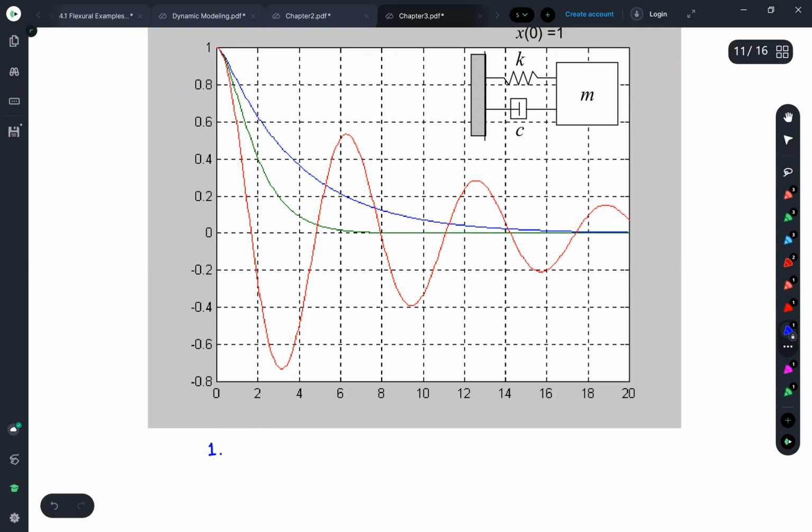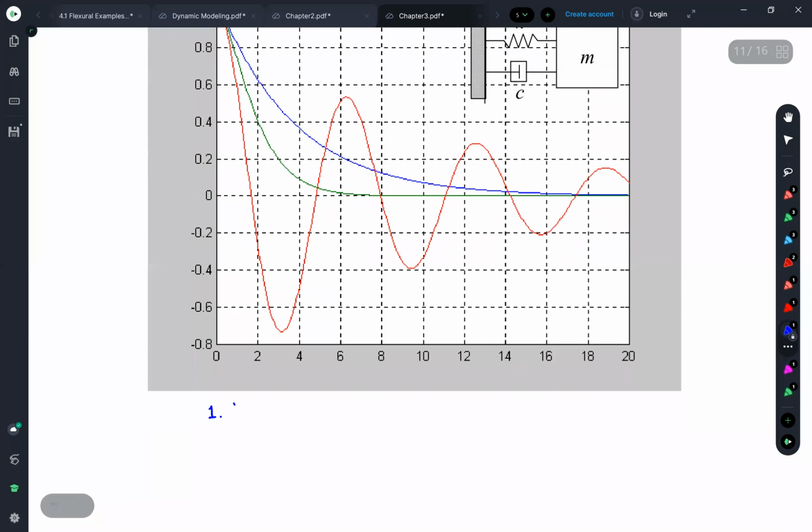The first system is the underdamped system, as we have discussed in 3.1 before. The second, 3.2, we discussed the critically damped system.